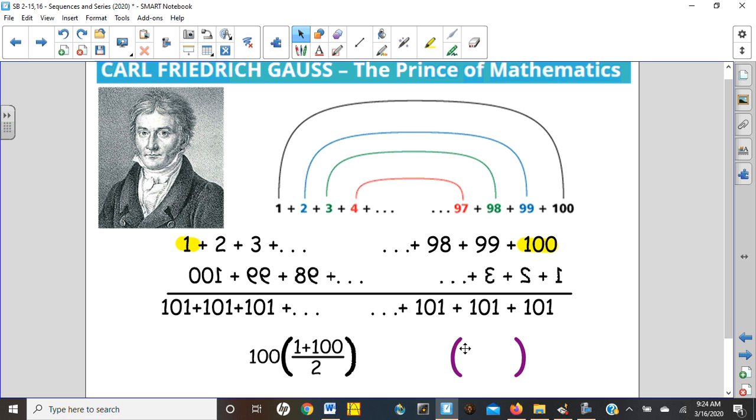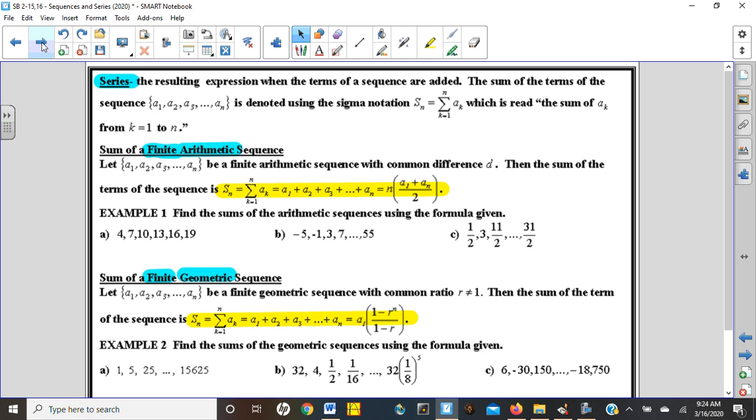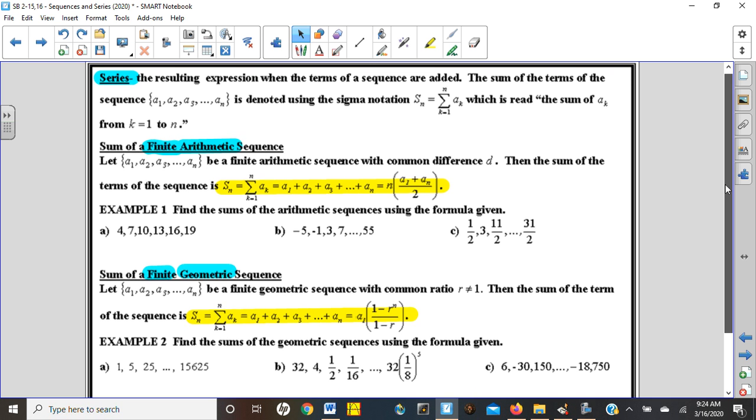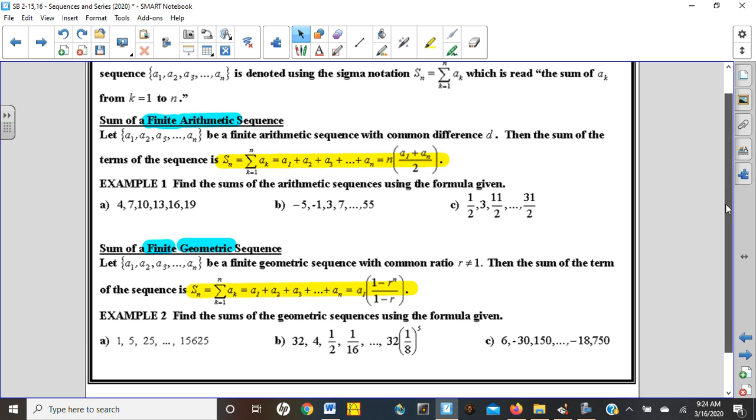So if you take that into context, the number of terms multiplied by the sum of the first and last term divided by 2. And that is exactly the formula that you have right here. So that's where that one comes from. The geometric formula is a little bit trickier, but let's take a look at it.